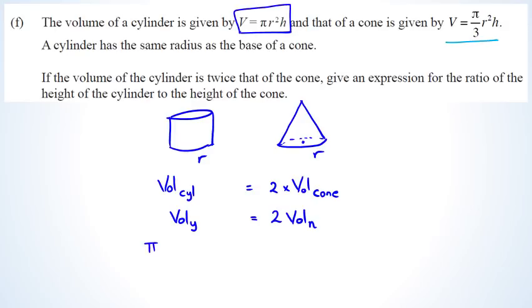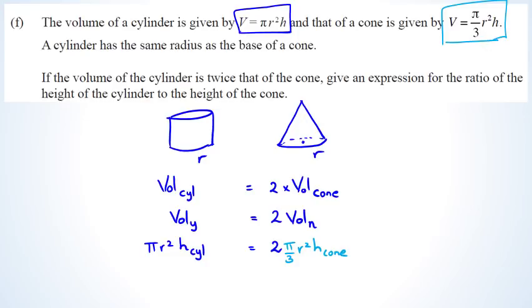So I'm going to write that as pi r squared h of cylinder equals 2 times the volume of the cone, which is pi over 3 r squared h of cone.